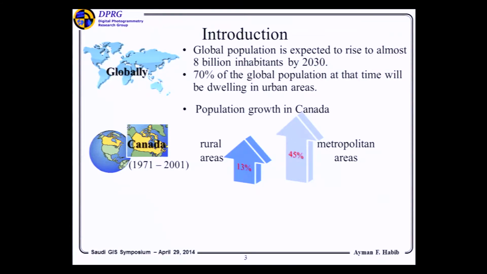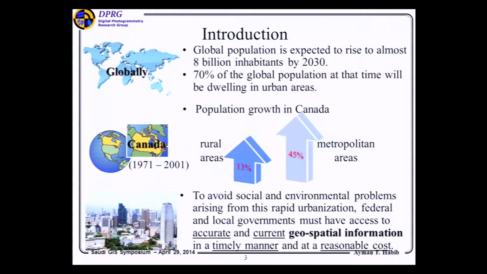And just to give you an idea about what is happening locally in Canada, the Census Bureau did a study of the population growth between 1971 and 2001. In metropolitan areas, the growth in the population was roughly 45%. However, for rural areas, the growth was 13%. And I don't think that's unique to Canada. I would say globally, that's usually the trend. We have more things going on in urban environments.